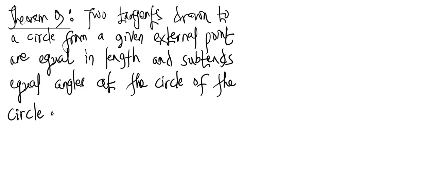So we have two tangents drawn from a given external point to a circle. The tangents are equal in length and they also subtend equal angles at the center of the circle.